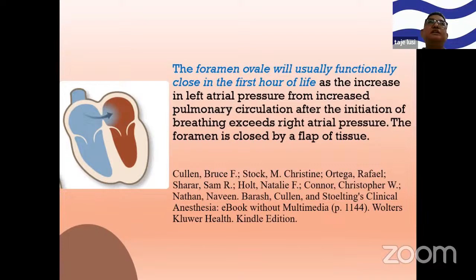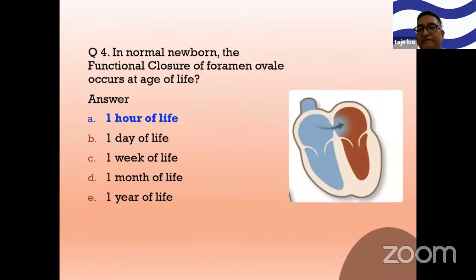Because of that, the left atrial pressure increases, which causes the functional closure of the foramen ovale. So it usually occurs in the first hour of life. But anatomical closure takes almost 3 months to 1 year. The answer is the first hour of life. Go on.